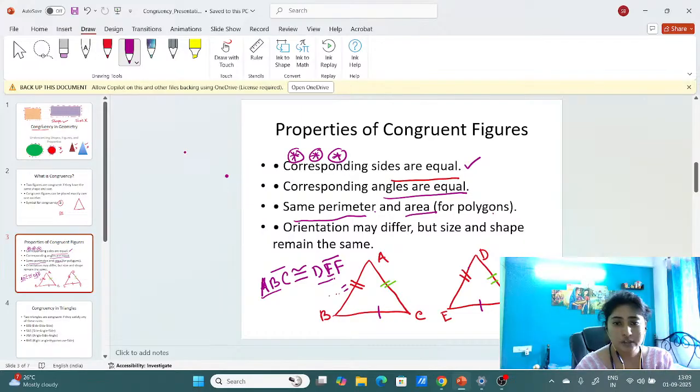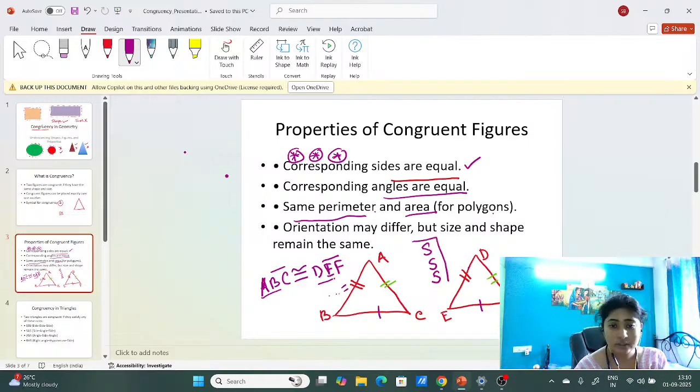So what I told, if three corresponding sides are equal, that means two triangles are congruent. Okay, so how many sides does a triangle have? A triangle has three sides. So three sides, 3 times S, or SSS.